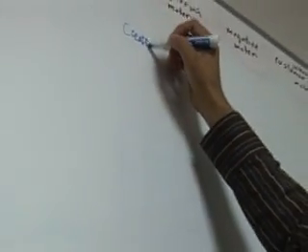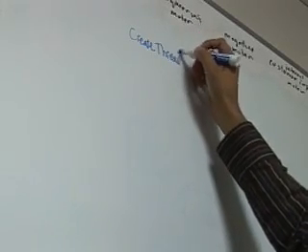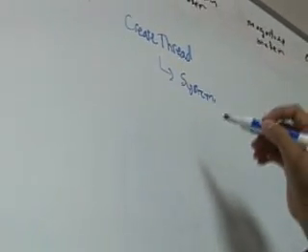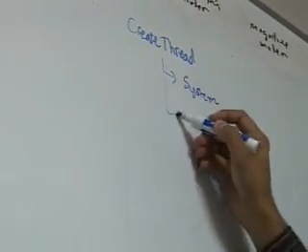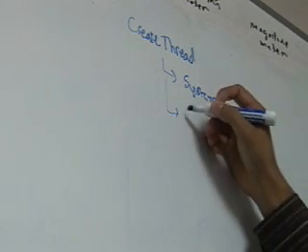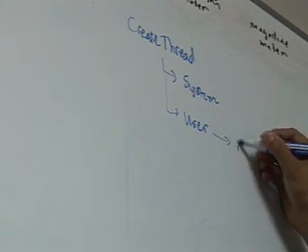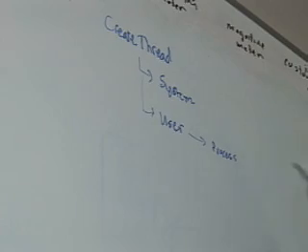Okay. So let's just talk about specifically what a create thread is. To create a thread, there are two classes. There are system threads, which run purely in kernel mode, so we're not interested in that. We're talking about user threads. To create a user thread, we need to know the process it's going to run in.